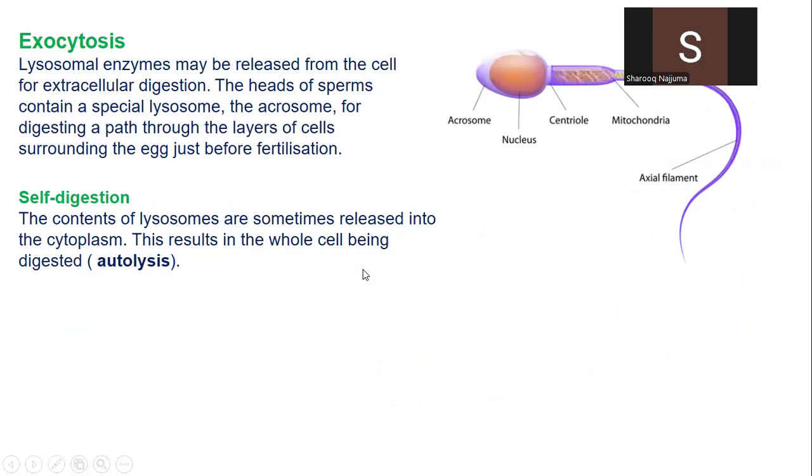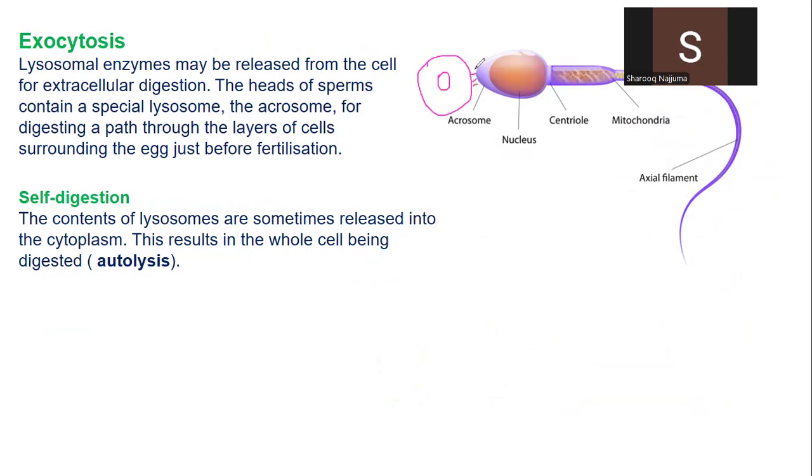Next, I've talked about the acrosome, which is involved in exocytosis. Endo means they are used inside a cell, endocytosis. With exocytosis, the digestive enzymes are released outside. Like an example, if this is our egg cell that is to be penetrated, this acrosome will release digestive enzymes onto it.